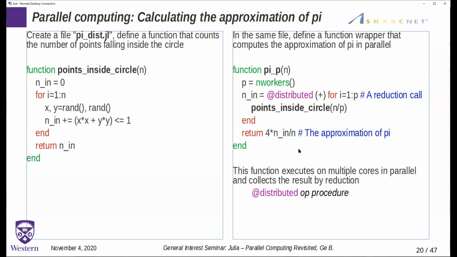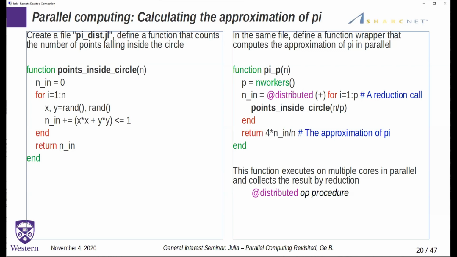Why do we want to put this thing in a function? The first reason is obvious: we want this procedure to be executed on each worker. But why do we bother to write a function wrapper? This is because, as in our previous talk, Julia uses a just-in-time compilation technique, so it compiles the code.